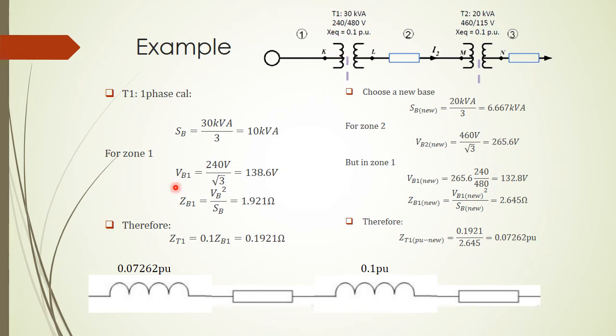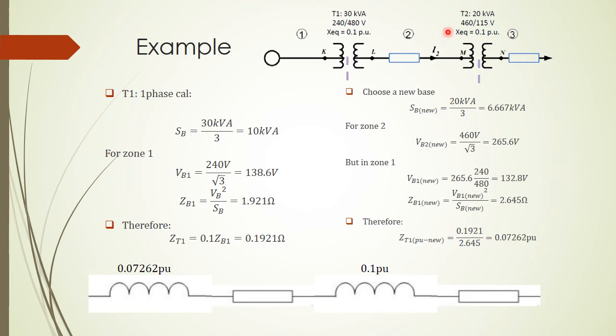For zone 1 we have the base voltage equal to 240 volt over square root of 3, which is 138.6 volt, and therefore the base impedance here is VB square over SB, which is 1.921 ohm, and therefore the actual impedance of this transformer is 0.1 times ZB1 equals 0.1921 ohm.